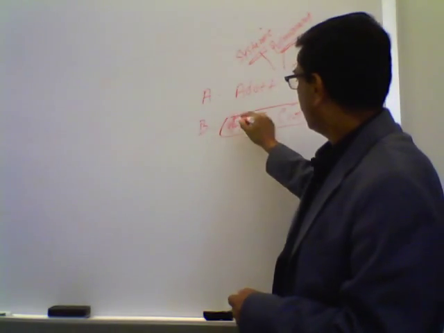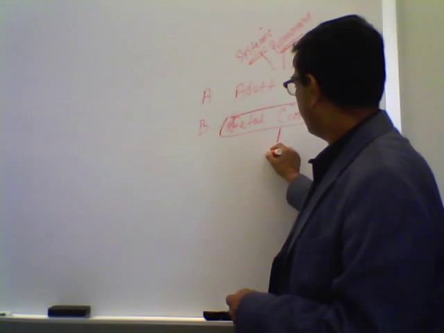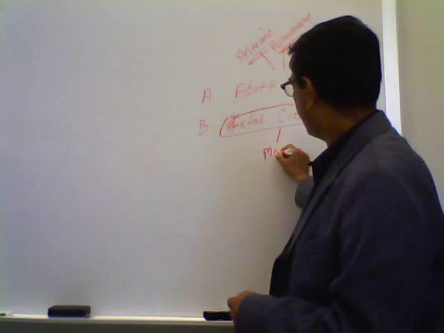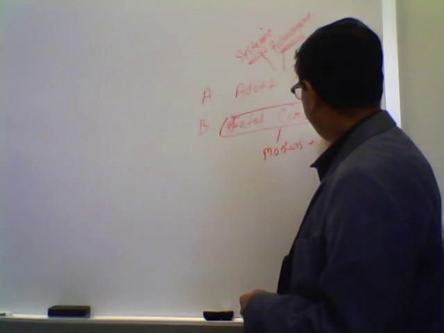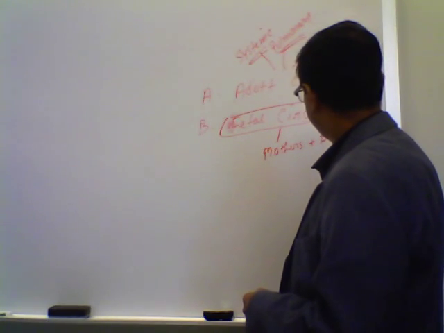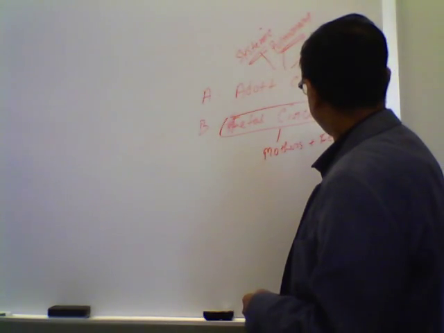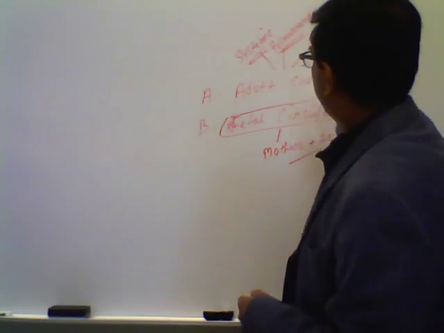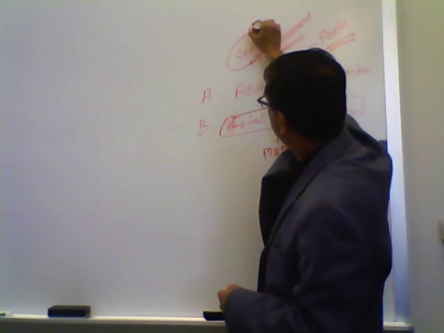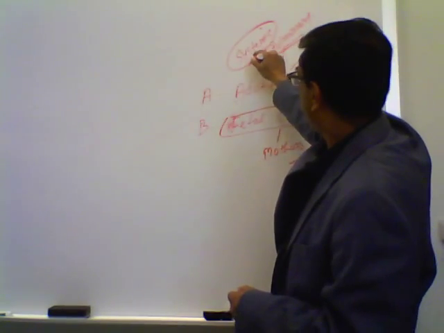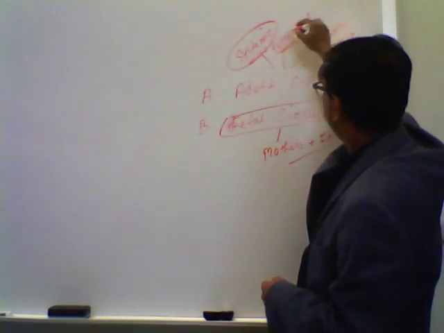Fetal circulation is the circulation between the mother and the fetus, the mother's body and the fetus's body. Okay. Now, systemic circulation is the circulation between the heart and the whole body.